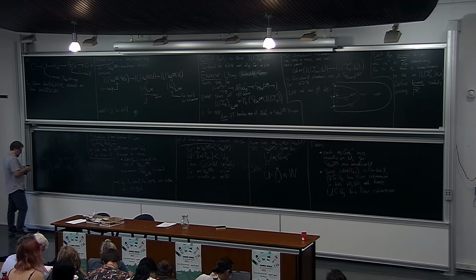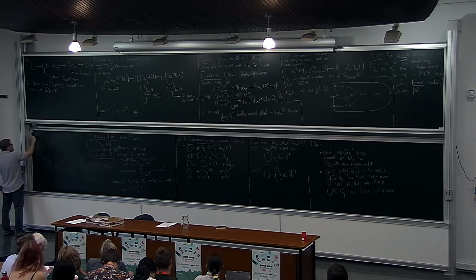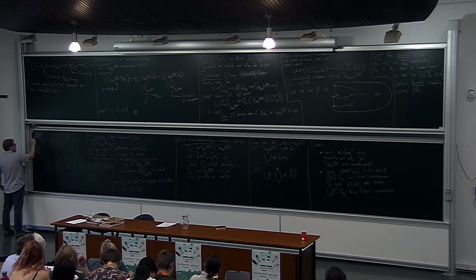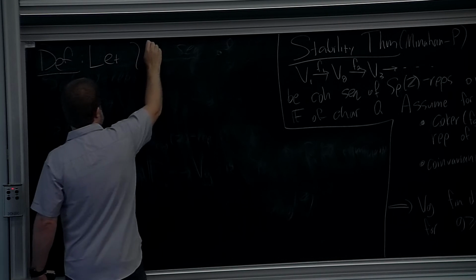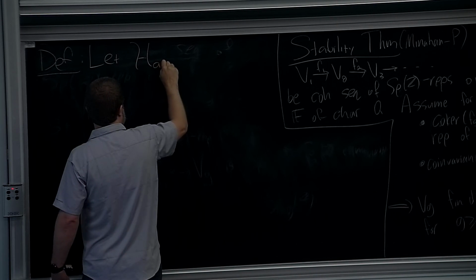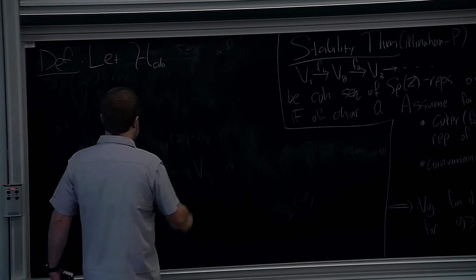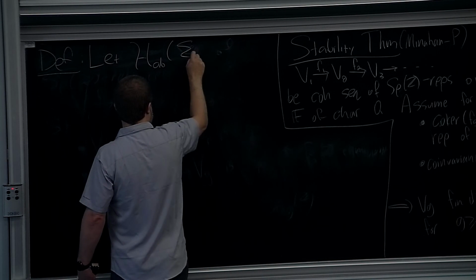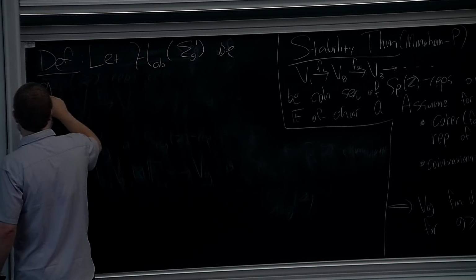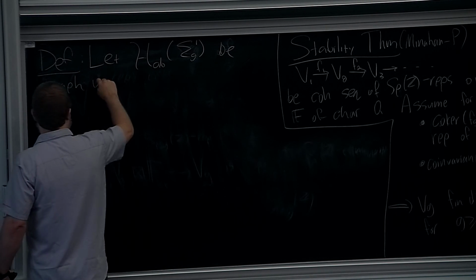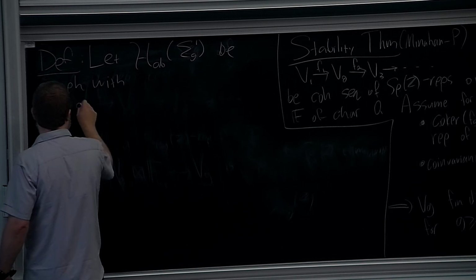So definition. I'm going to call this H a B of sigma G1 be the graph with, I have to tell you the vertices and the edges, right?